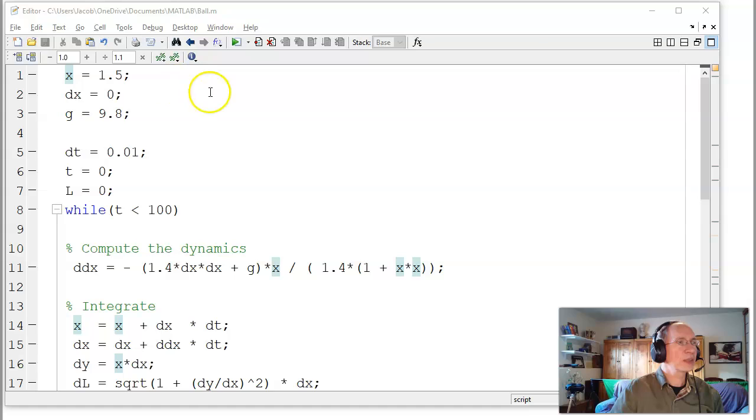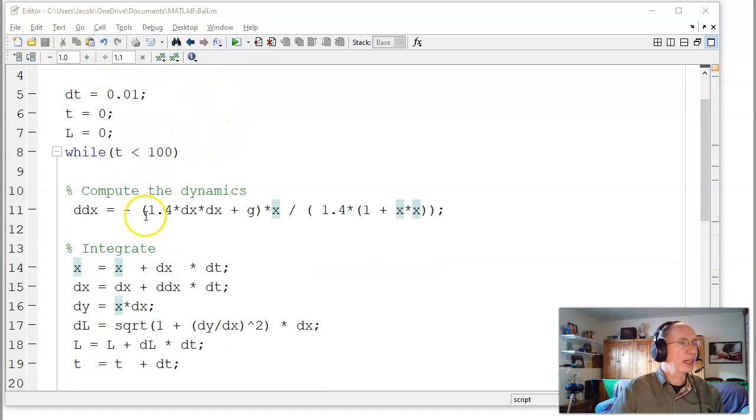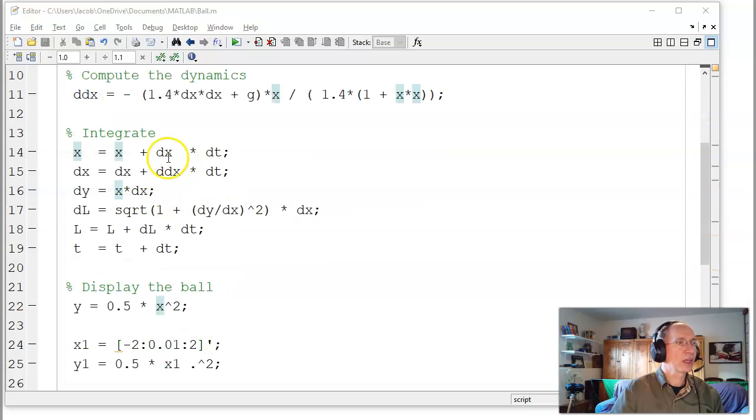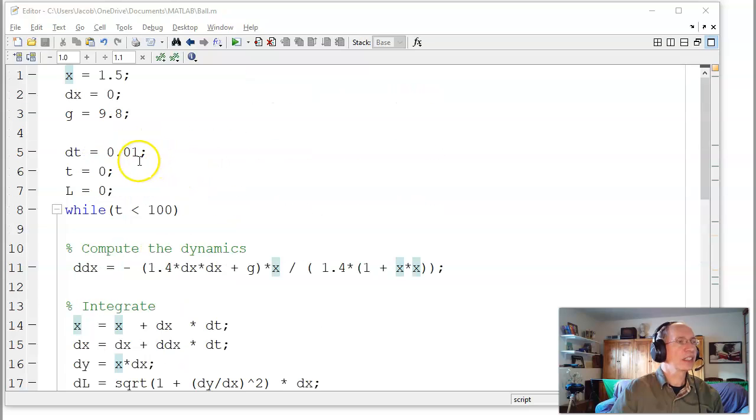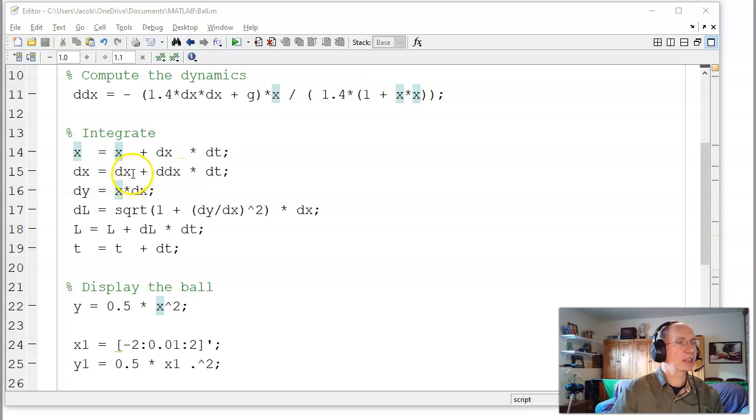So this is the program ball.m. I'm going to start out with x equals 1.5, calculate the dynamics. That's what I just did using Lagrangian dynamics. I'll integrate. If I know the velocity and position, integrate the acceleration to get velocity. That's every 10 milliseconds, 10 milliseconds later.